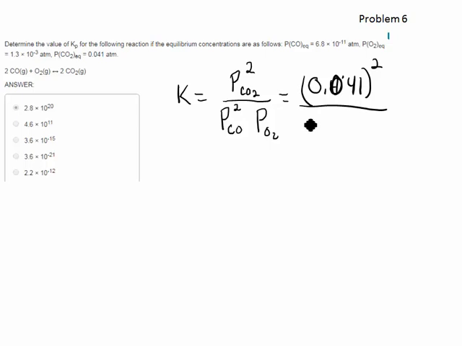So in this case, that is 6.8 times 10 to the minus 11, and that quantity for CO is squared times the pressure of the O2, which in this case it's given as 1.3 times 10 to the minus third. So 1.33 times 10 to the minus third, and that's raised to just the first power. So you do that multiplication, and you'll find out that that answer is going to be, for this problem, this one, 10 to the 20th.